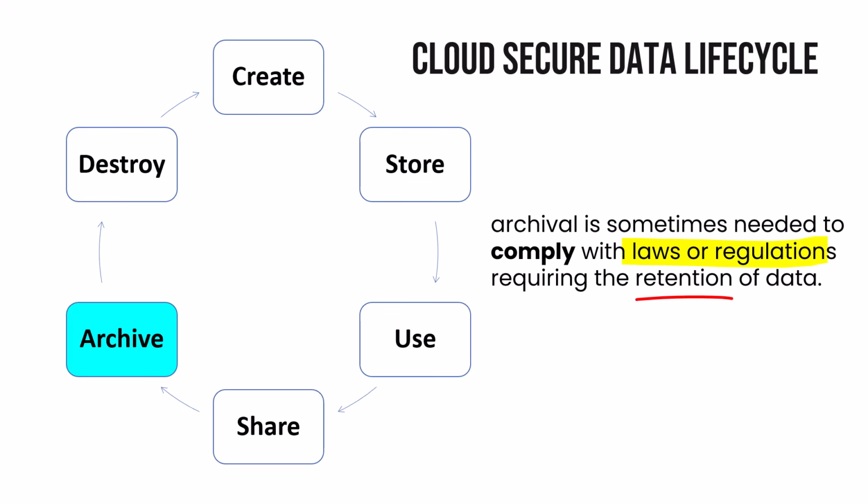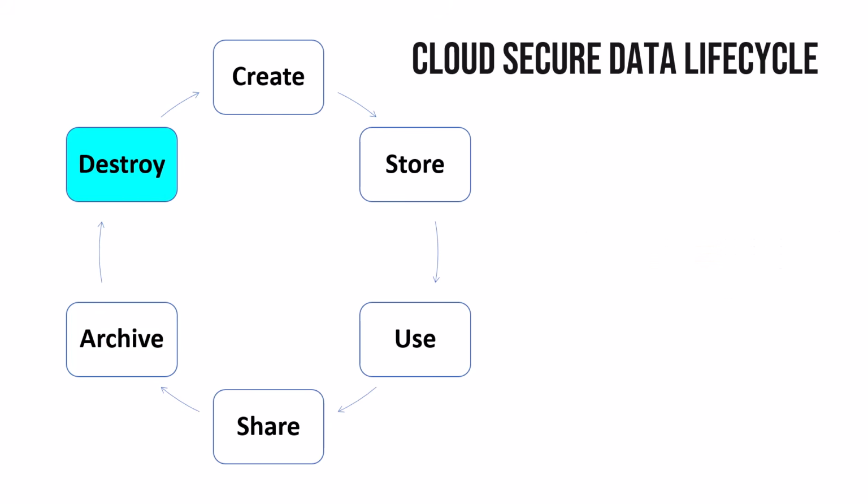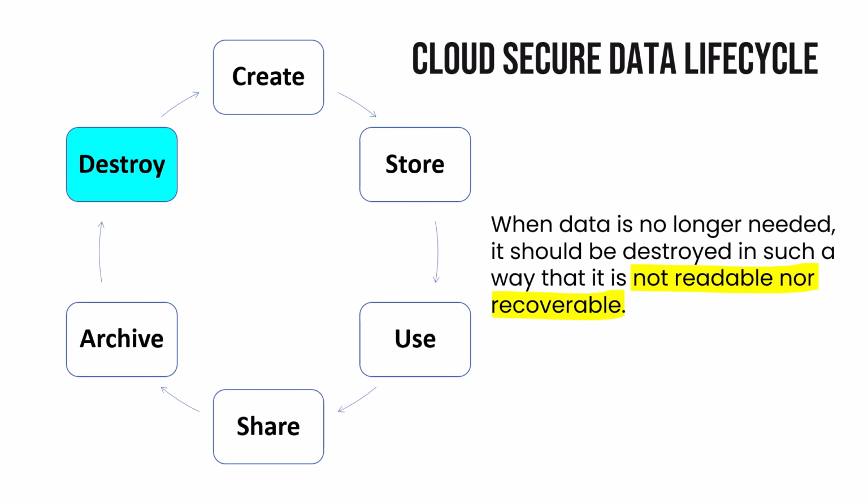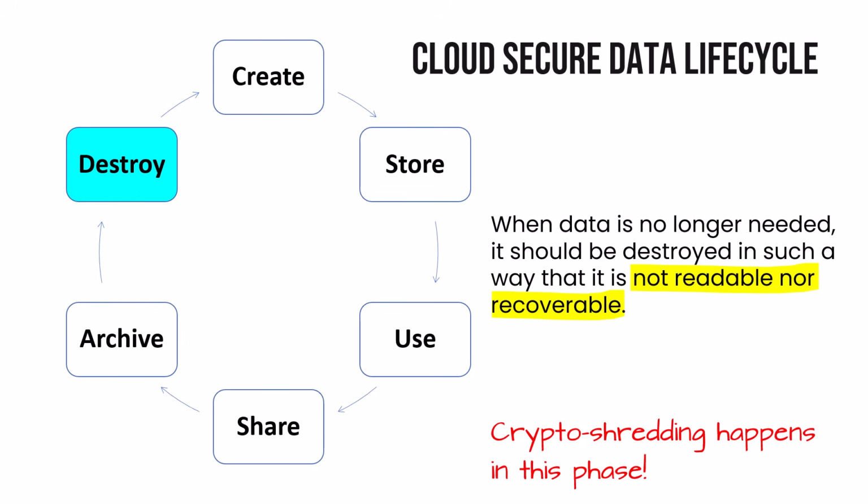Archival is sometimes needed to comply with laws or regulation requiring the retention of data. And the secure data lifecycle ends with destruction. When data is no longer needed, it should be destroyed in such a way that it is not readable nor recoverable. Crypto shredding happens in this phase.